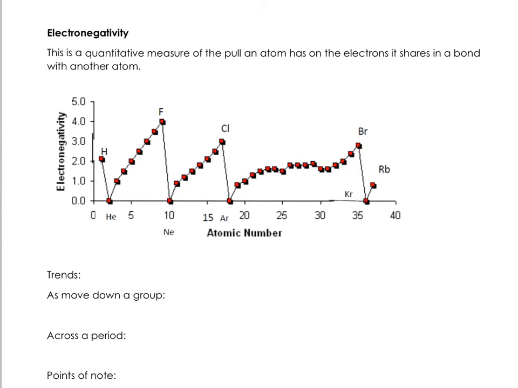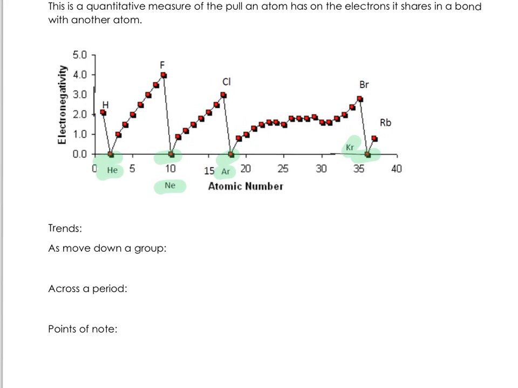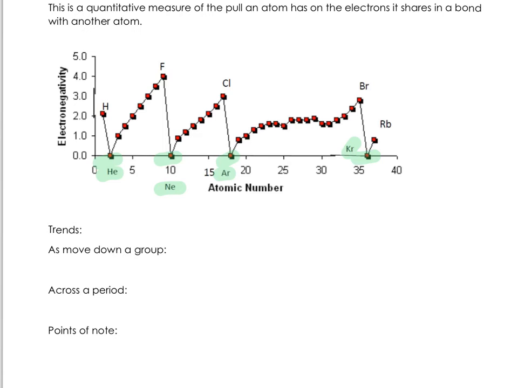Okay, so let's take a look at the trends here. Ooh, look at that. We have some zero values. Who would not have any pull on electrons? And they've been labeled right underneath them, except this one's a little bit up. So the noble gases have an electronegativity value of 0, and that's because they don't want any electrons, right?